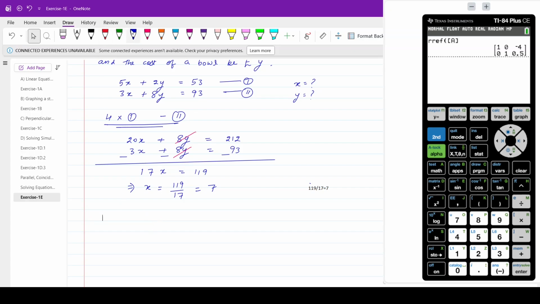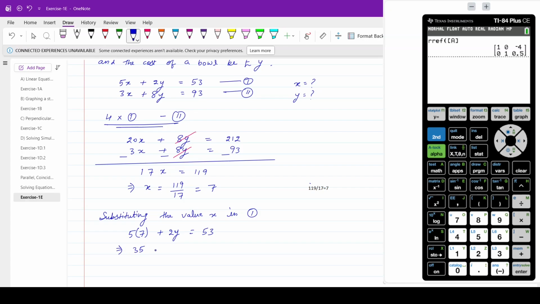If we put this value of x in either of the equations, substituting the value of x in equation 1, that will be 5 times 7 plus 2y is equal to 53.